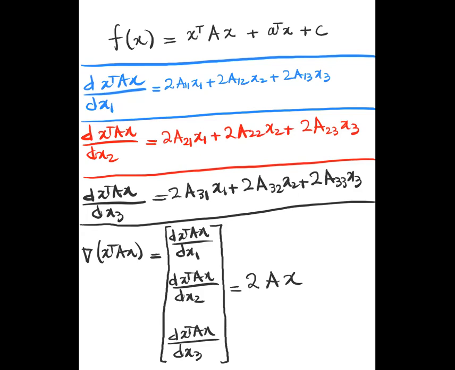Let me say it anyway because it might be a question of somebody else too. A is a matrix, x is a vector, so Ax is a vector. So 2Ax is a vector. The gradient is always a vector, and it's just the partial derivatives that you place in the entries of that vector. Okay? Yes. If you have anything along that line, let me know, just to clarify it.